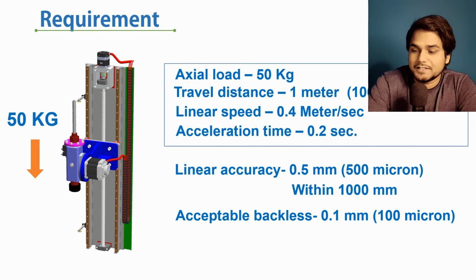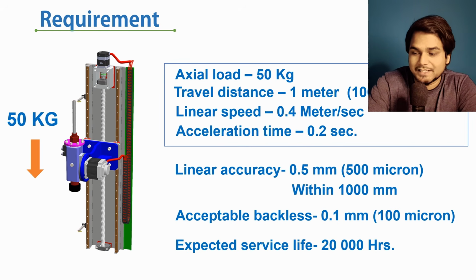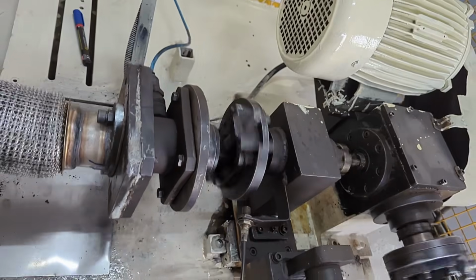So here let's consider we will design the ball screw linear actuator for the maximum life, 20,000 hours running at least. And now we have all the important data in order to design the ball screw linear actuator. But if your application is subjected to heat or vibration, you should also require the related data.